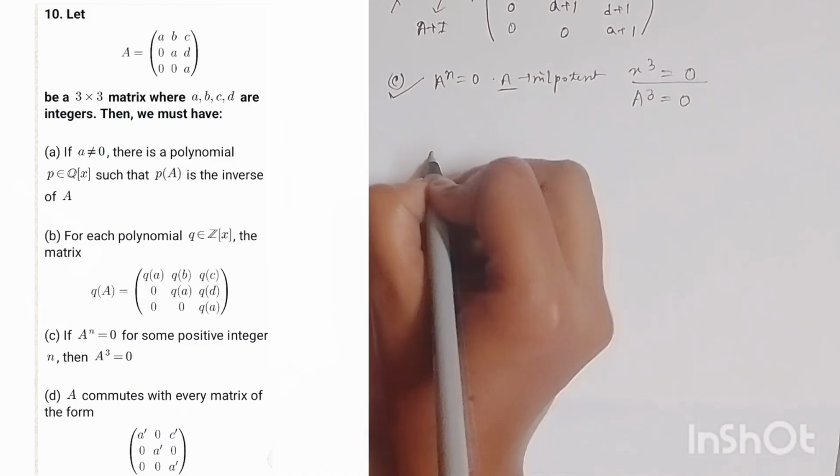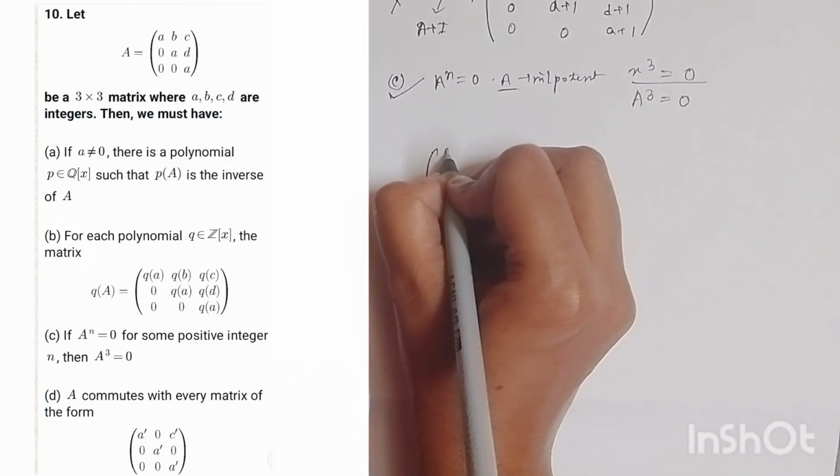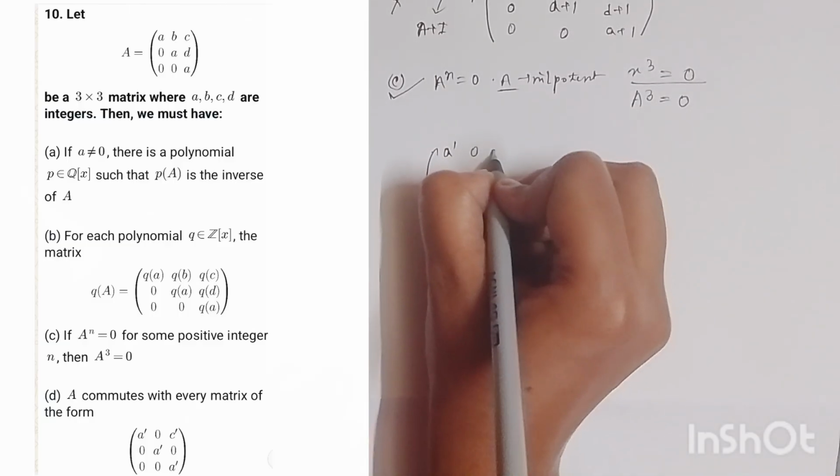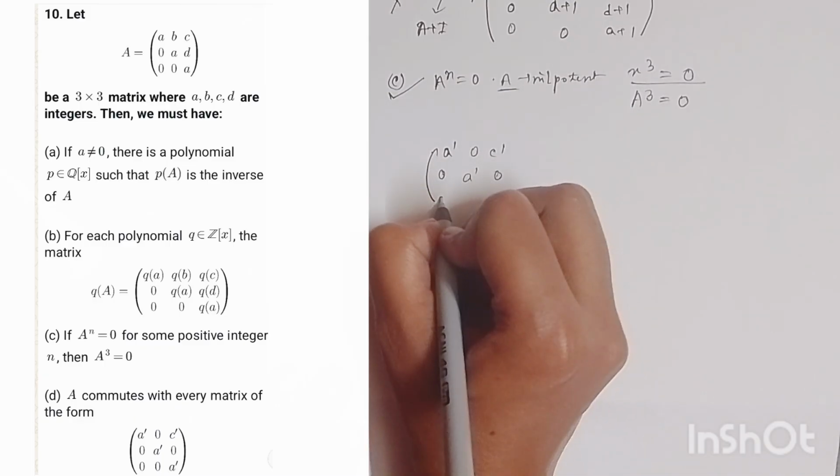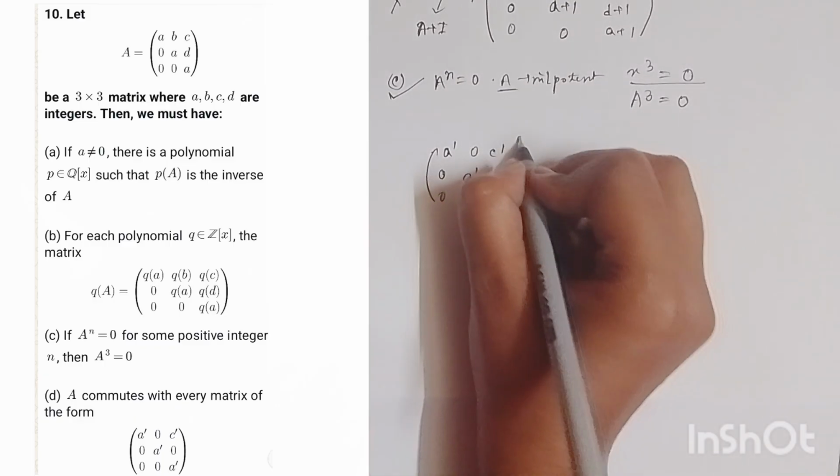Option D says that A commutes with this matrix A' = [[a', 0, c'], [0, a', 0], [0, 0, a']].